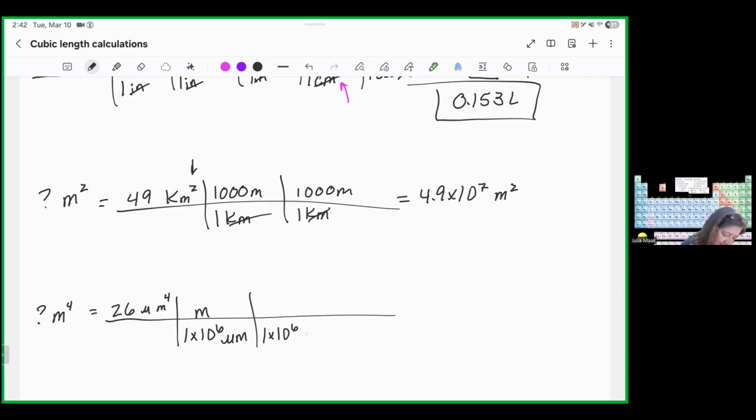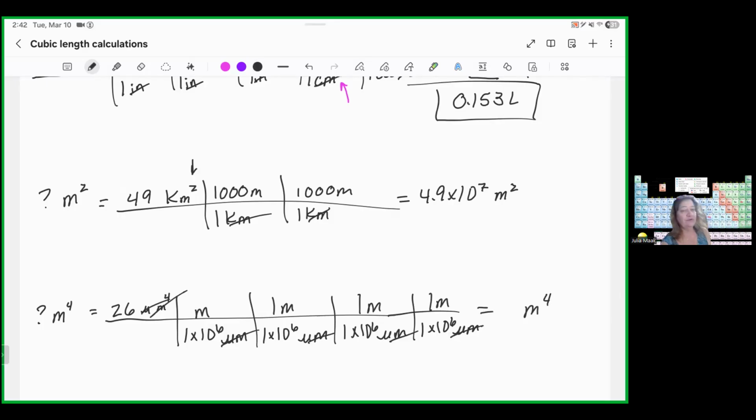So 1 times 10 to the 6 micrometers, 1 meter, repeated. So those 4 cancel those 4, and I'm left with meters to the 4th.